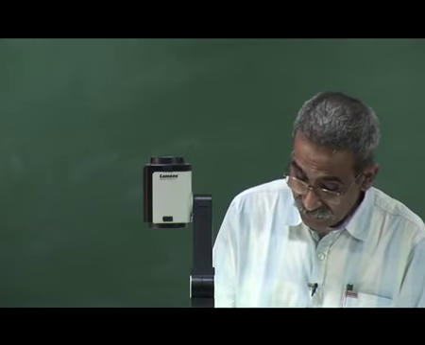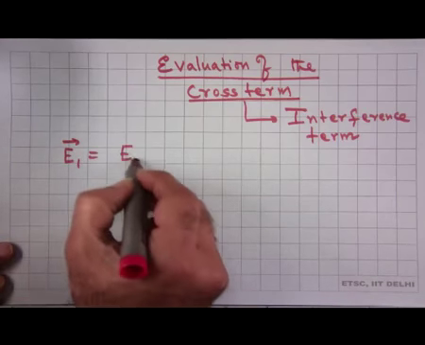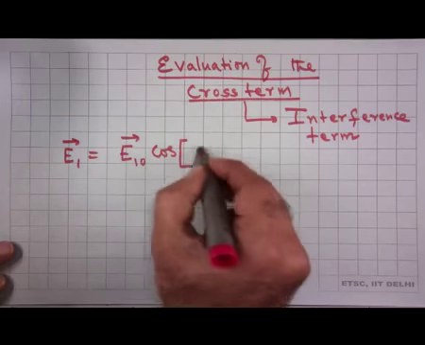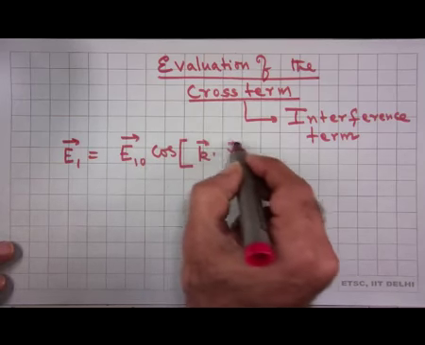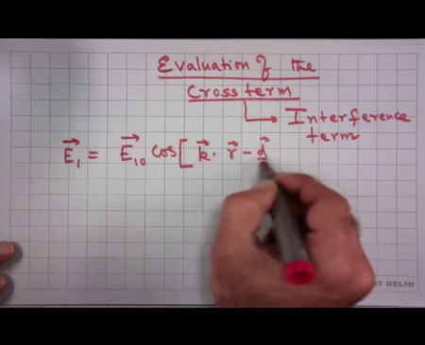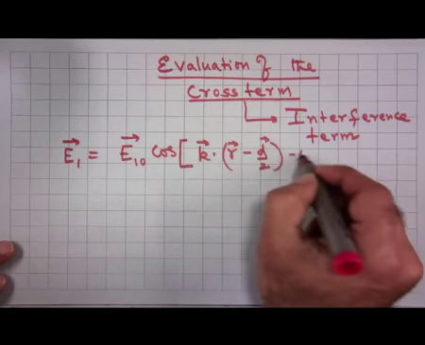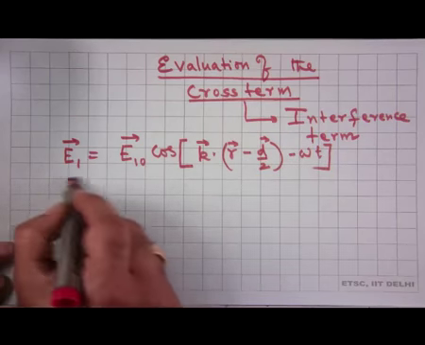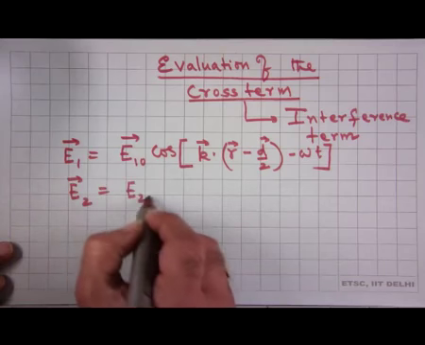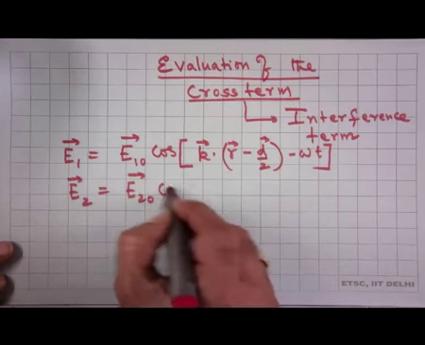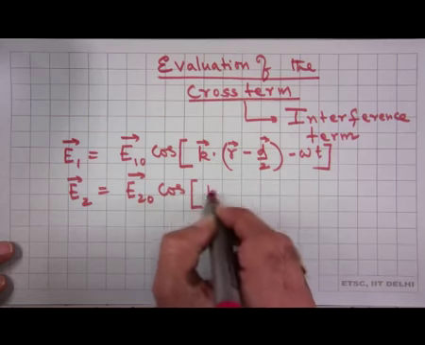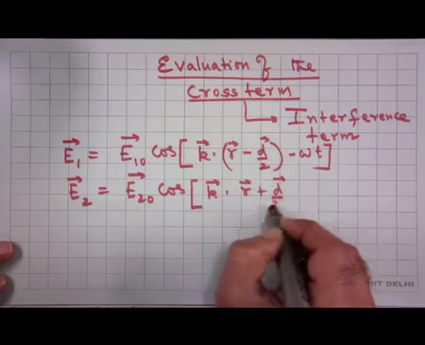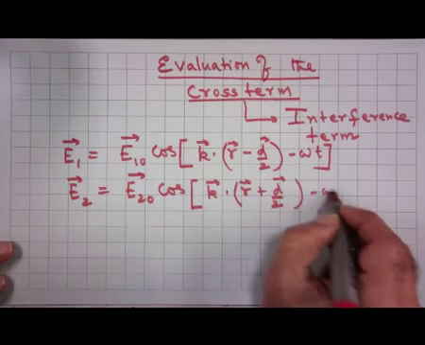So remember, my E1 is E1 0 cos of k dot r minus d by 2 minus omega t. E2 is E2 naught cos of k dot r plus d by 2 minus omega t.